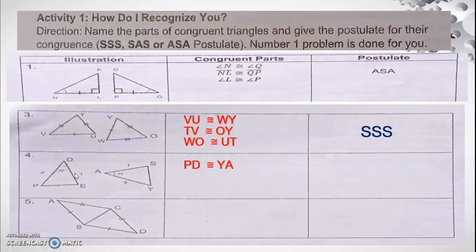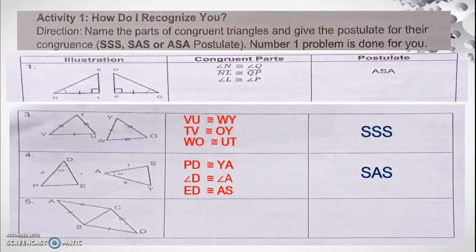Then angle D congruent to angle A. Then the last side, or the second side, is ED, side ED congruent to side AS. So the given is side, angle, side. So the congruence postulate is SAS.